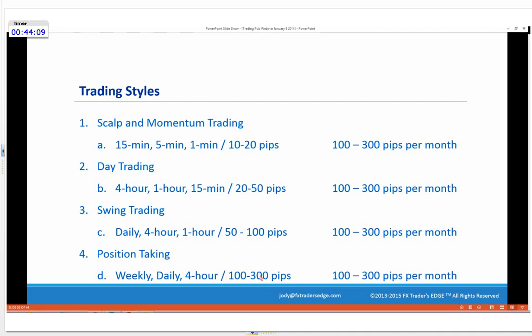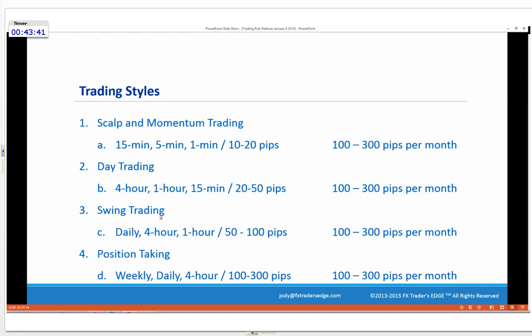You can make a nice monthly amount by making 100 to 300 pips in a month. It all depends on the amount of capital that you have and the leverage that you use. And I'm not a big fan of using high leverage, by the way. I do not use big leverage. 5 to 10 times is enough for me.